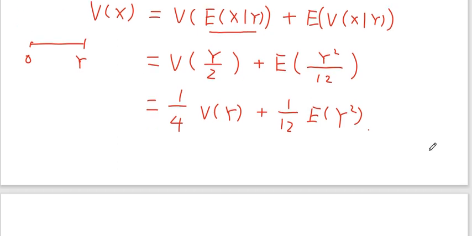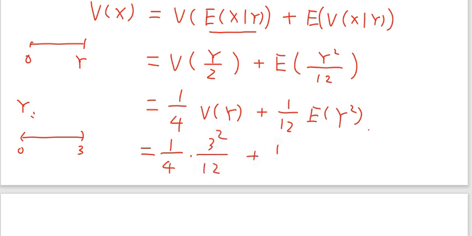Now the problem becomes easier. What is y? Y is uniform from 0 to 3, right? So Vy equals 3 squared over 12. What is E of y squared?